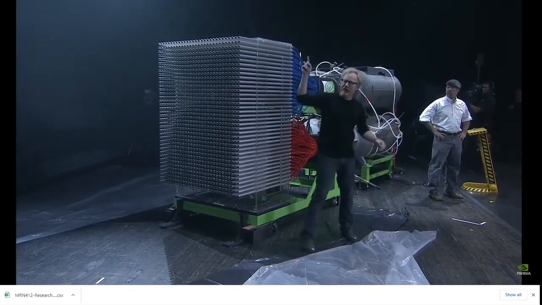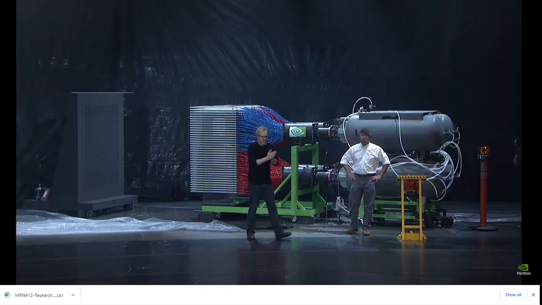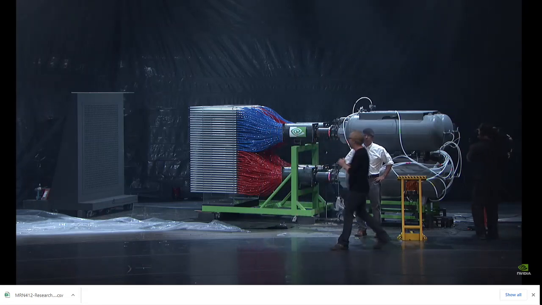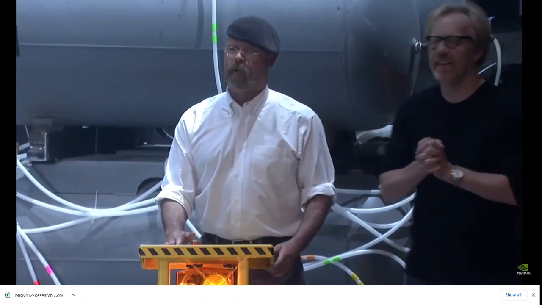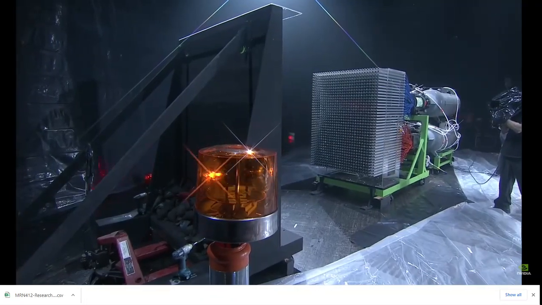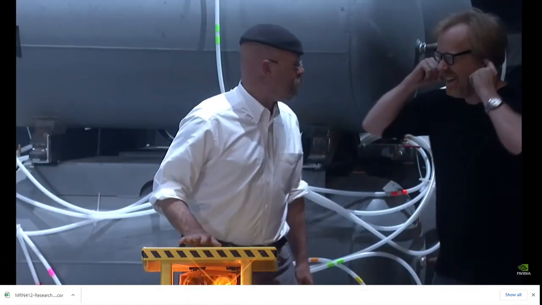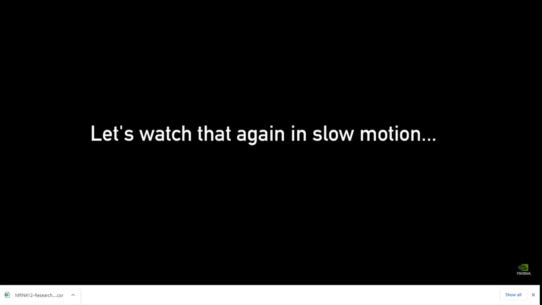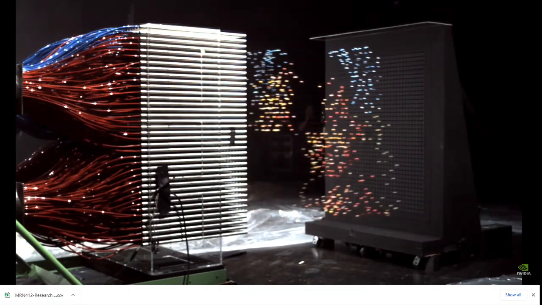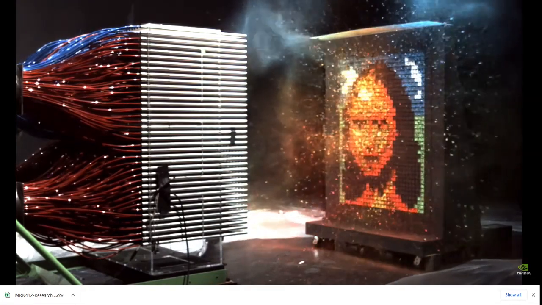Each of those paintballs will fly across 7 feet of space and in 80 milliseconds reach its target, hopefully. When it's all said and done, it's going to paint the Mona Lisa. GPU painting demonstration. Yep. And 10, 9, 8, 7, 6, 5, 4, 3, 2, 1. Ladies and gentlemen, science class is now over.